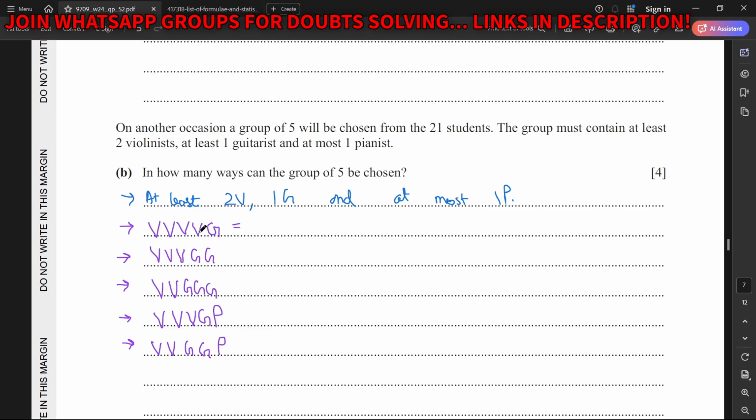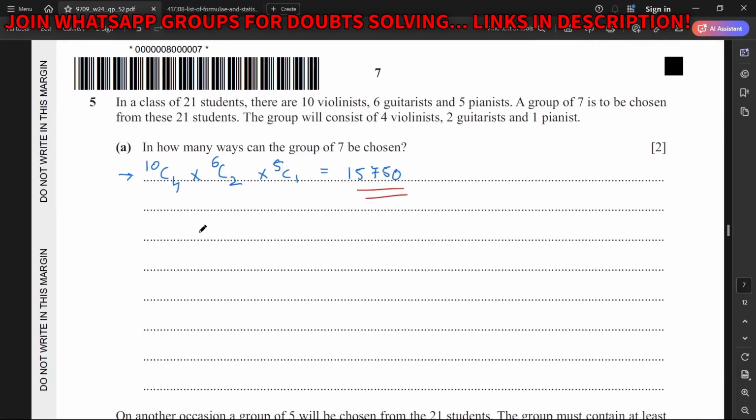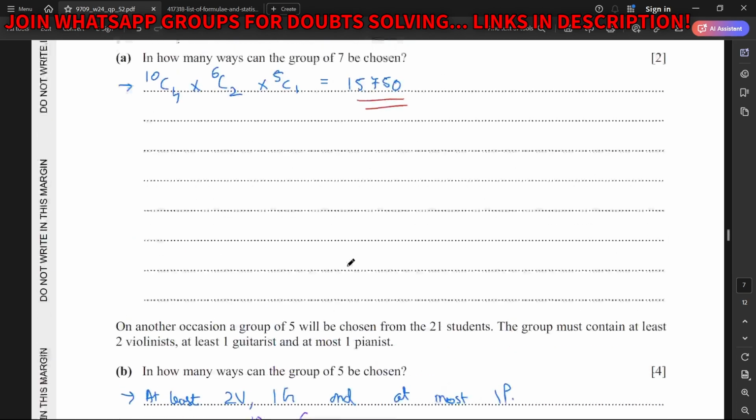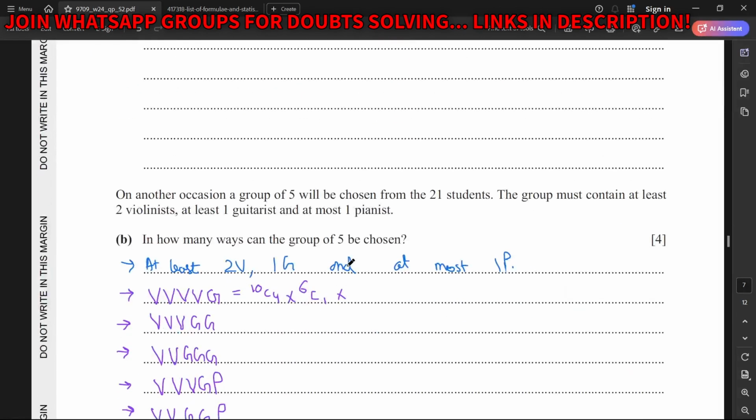So for this, we are having 10 people playing the violin, out of which I need to choose 4. So 10C4 into 6C1 into how many people playing the piano? There are 5 people playing the piano. So 5C0. Then for this, I am having 10C3 into 6C2 into 5C0.